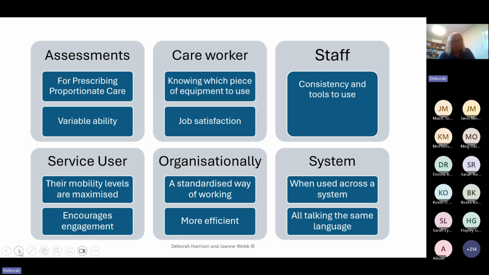In the morning, if the mobility was good, they may have stood, they may have transferred. And like the lady that I was working with, she was able to mobilise freely with her furniture. And then in the evening, or the days when she was very tired, she was able to be hoisted.